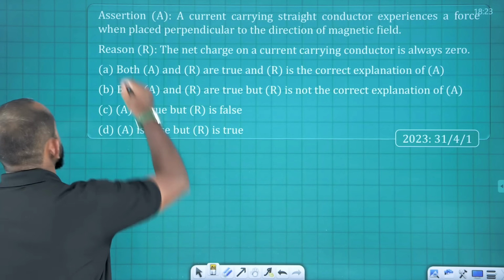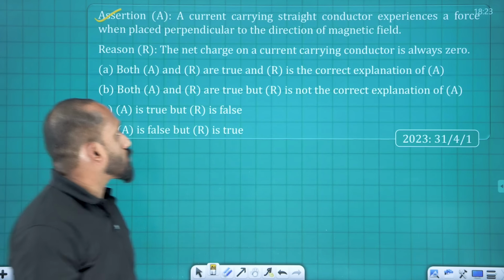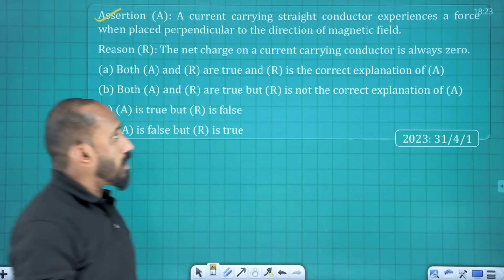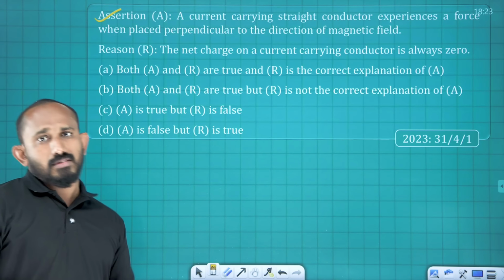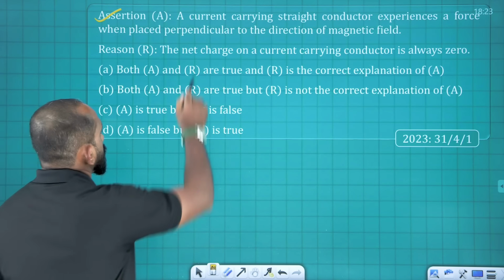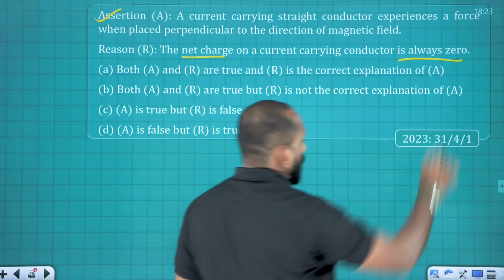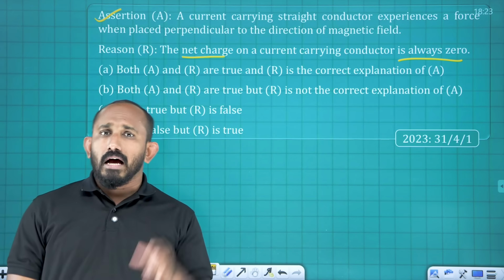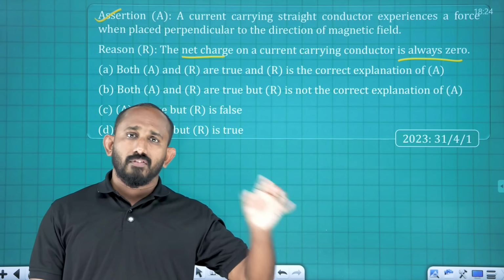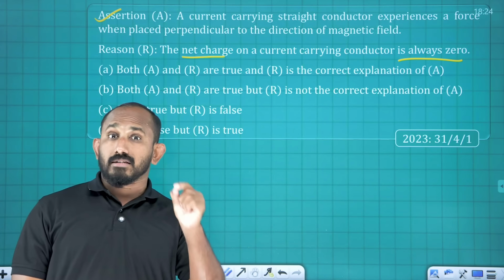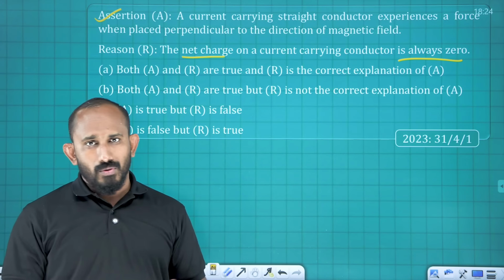Assertion is correct. Reason: the net charge on the current carrying conductor is always zero. So the reason is not linked with the magnetic field only. But the reason is correct. Net charge is zero on a conductor. Sure, because conductors are made up of atoms. In an atom, equal numbers of negative and positive charges are there. So the atom is neutral.